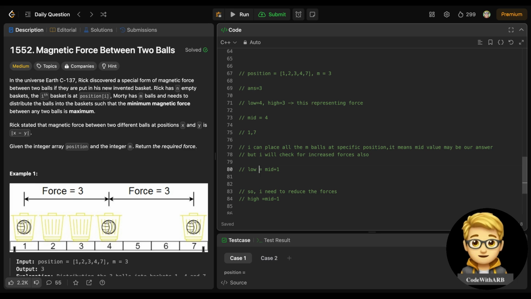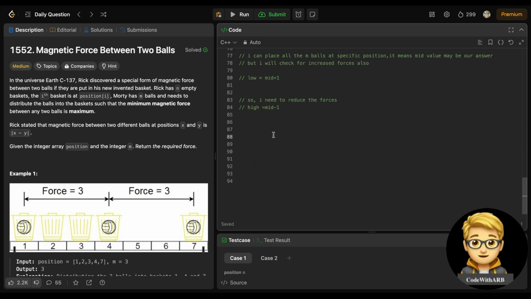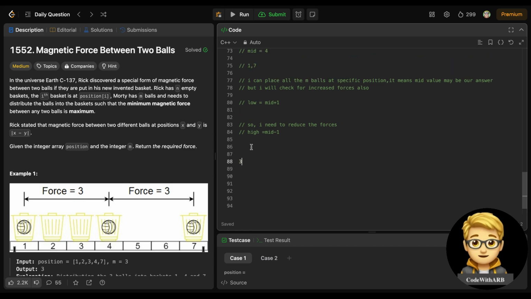In this case, we started from 3, and if 3 is satisfied, I don't need to check for 1 and 2, right? And the next was 5. If 5 was not satisfied, it means forces greater than 5 will also not satisfy. So we have reduced the search space after 5.